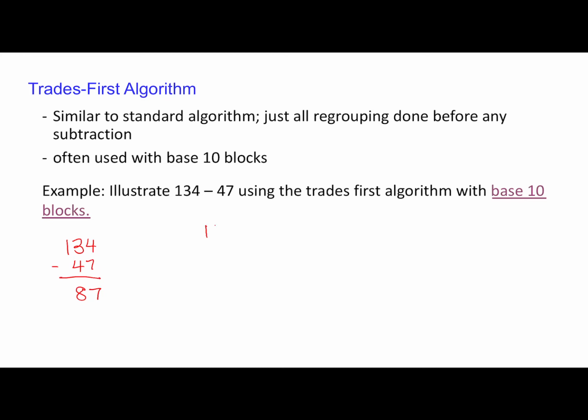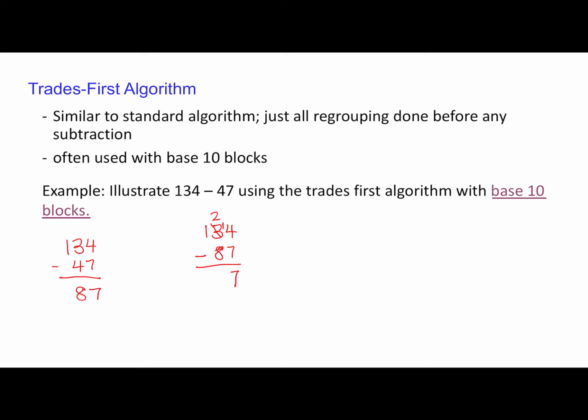All right, now just to illustrate the standard algorithm here, what we would do is we took a 10 apart, right? So we reduced that down to 2 10s, and we added those 10s to the 1s to get 14 1s. So now I have 14 minus 7, that's 7.